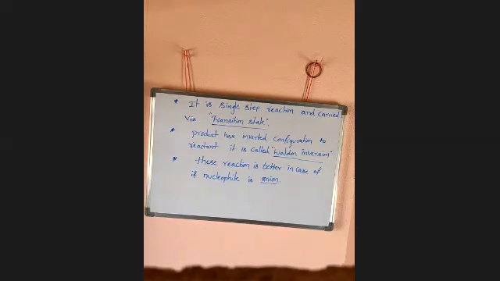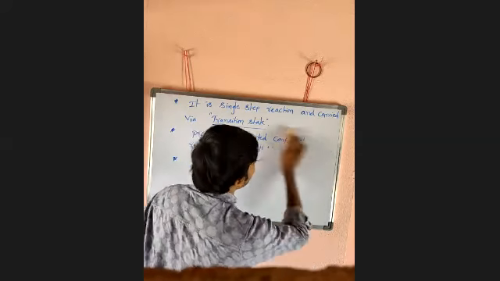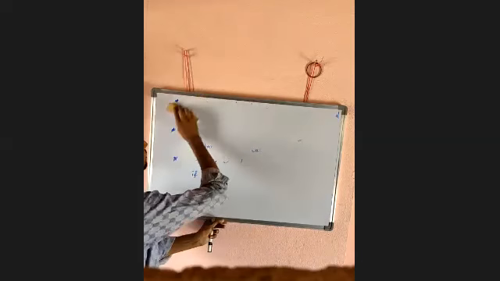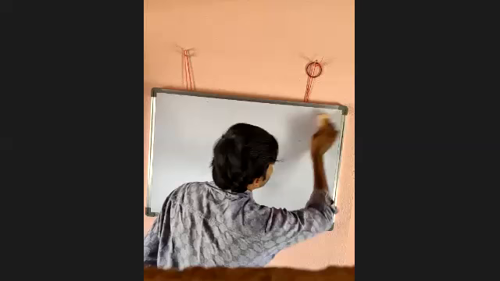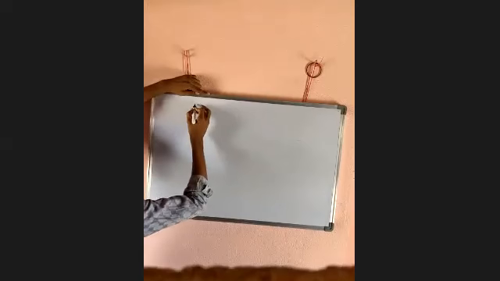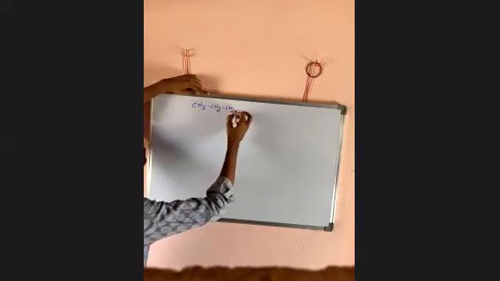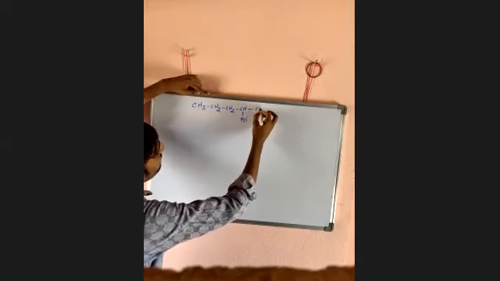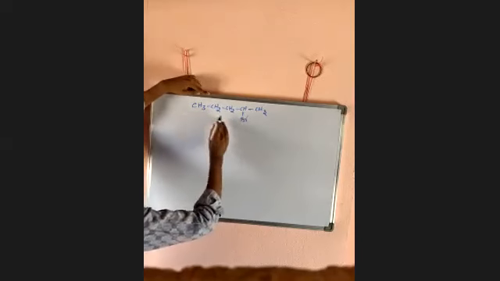So then, the example I want to take. Just look here. I want to take an example like this: CH3, CH2, CH2, CH2, CHBr, CH3, 2-bromobutane.